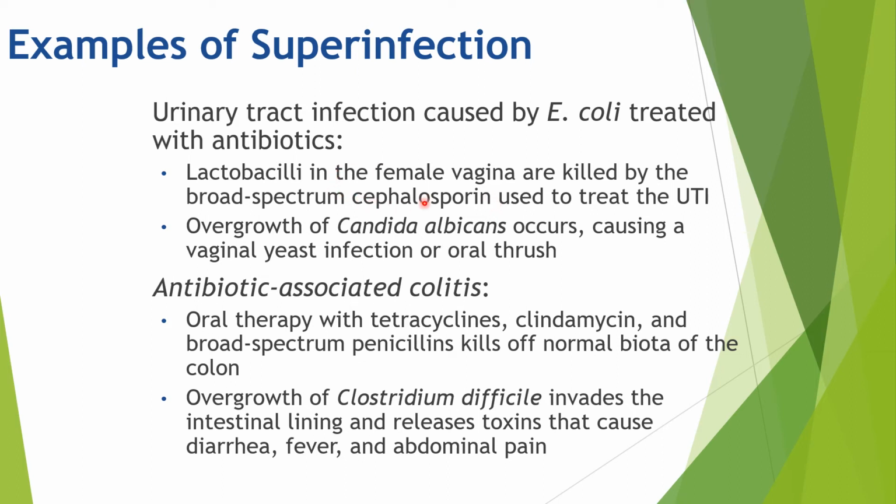So what happens is if this individual took a broad spectrum antibiotic instead of a narrow spectrum antibiotic such as polymyxin in this case, the cephalosporin is going to target a whole lot of other bacteria, both gram-positive and gram-negative, not only E. coli. It's going to kill off some other bacteria that are part of your normal biota.